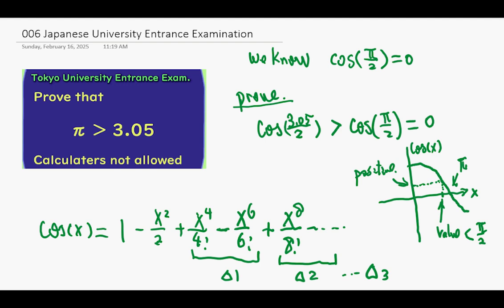Okay, why do we have to prove this? Because if you look at the cosine curve, it's going down to 0 at pi over 2. And for cosine x, any x value smaller than pi over 2 is going to be in this range.